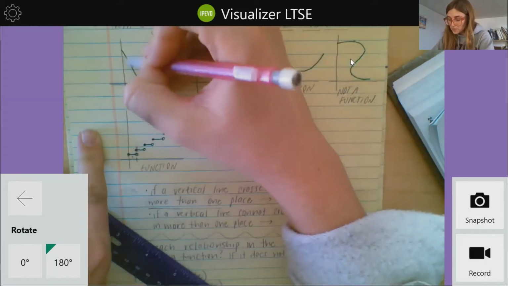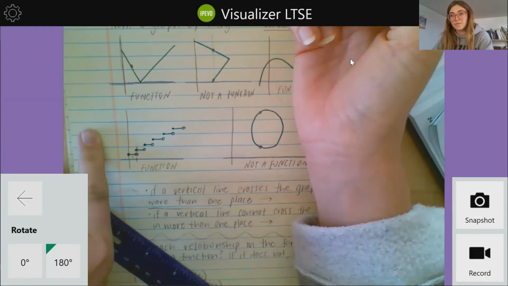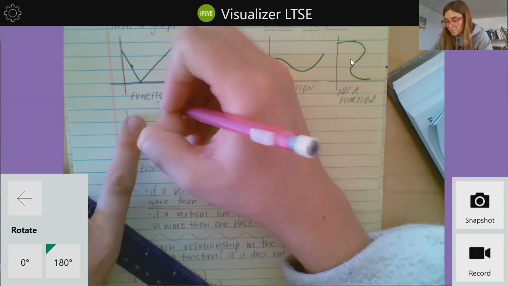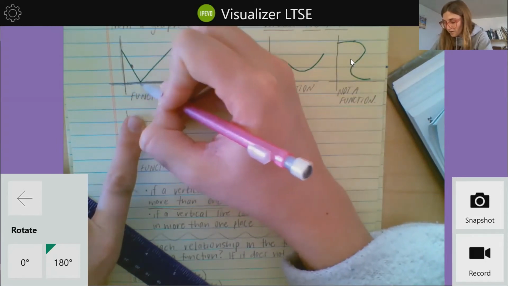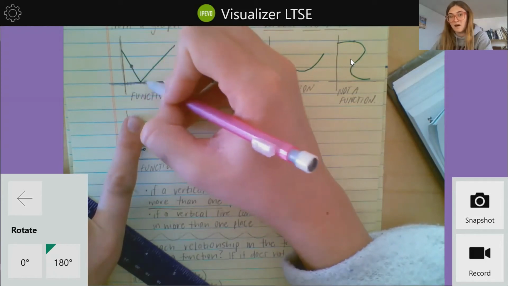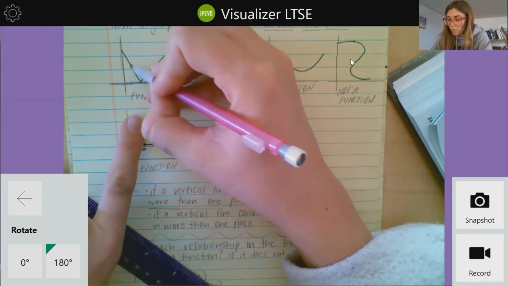Our outputs will be along the y-axis. Therefore, if something is a function, at any point along the x-axis, there can only be one place on the graph. For every input, there can only be one output.